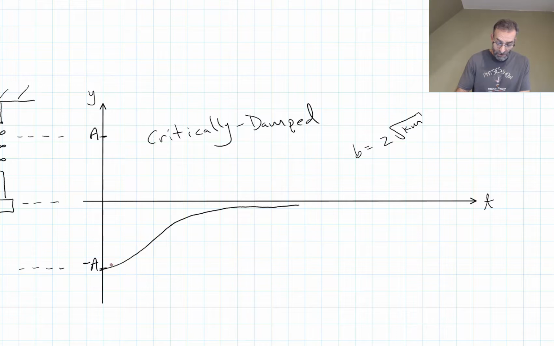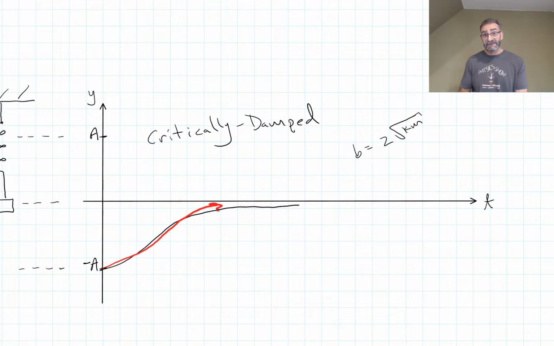So if it goes over, if it crosses this line, it's not critically damped. We want the displacement to go to zero as quickly as possible without crossing that horizontal axis.